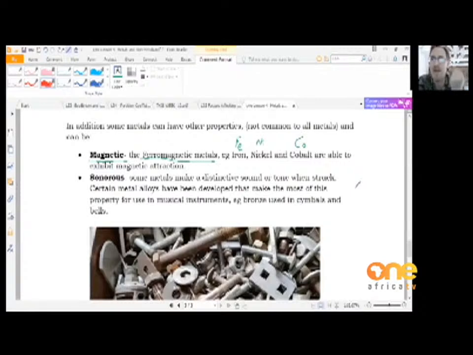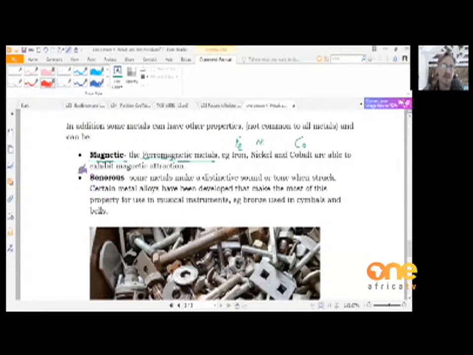It will store magnetic potential, and it can also exhibit magnetic attraction to other magnetic materials. So magnetic materials can be magnetized, and they can act as magnets themselves. Not all metals do that. So that's why we have to make this distinction.